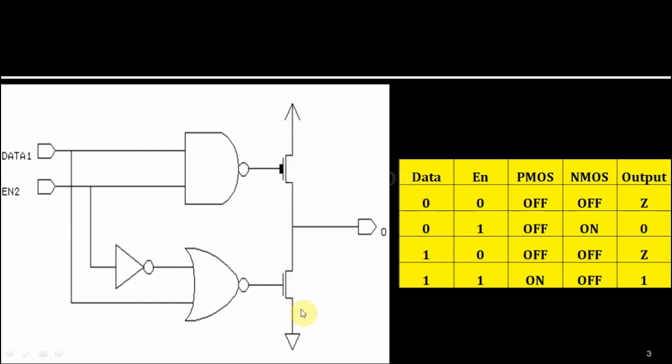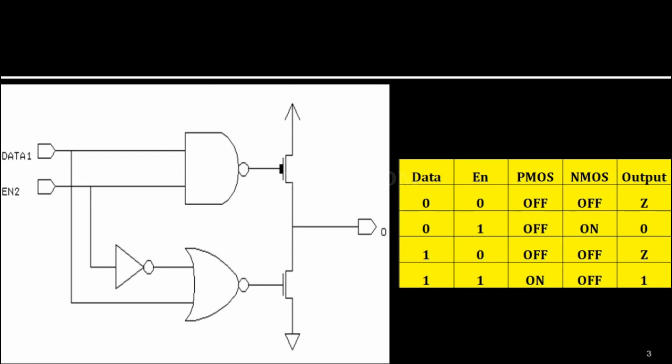When the NMOS transistor is switched on, the output is directly connected to the ground, so the output is logic 0. When both transistors are switched off, the output is not connected to VCC or to the ground, so it is disconnected. It is just like an open circuit, so it is a high impedance state, a very high impedance state.